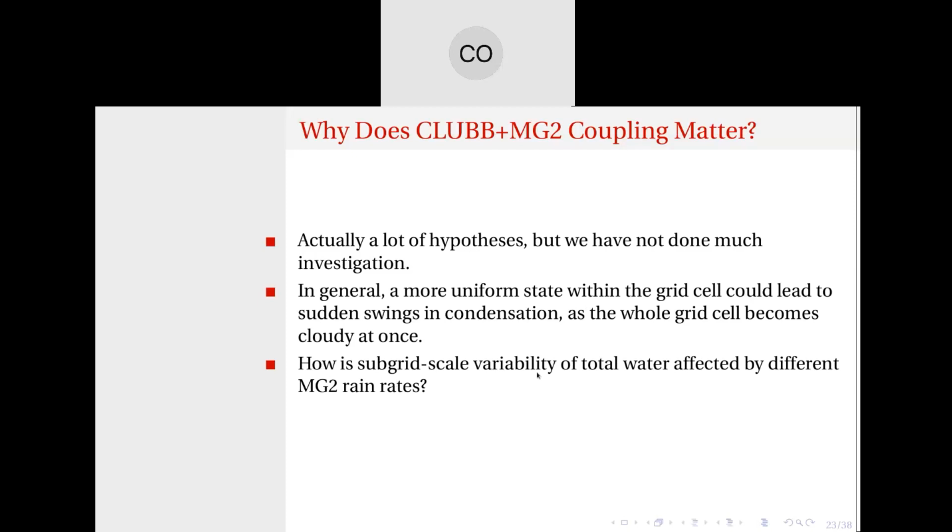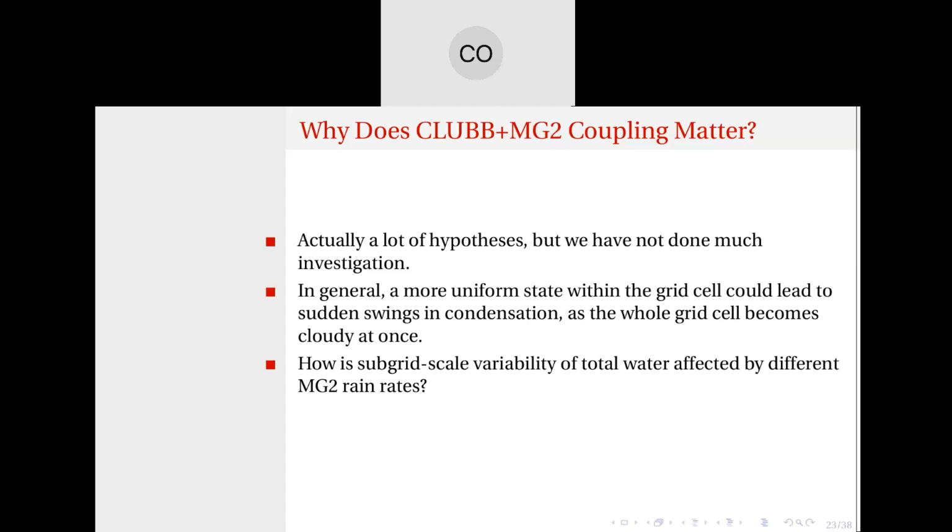We also don't really understand, particularly because CLUBB has this very complex view of subgrid scale variability of the water and of the correlation between water content and vertical velocity, for instance, within a grid cell.